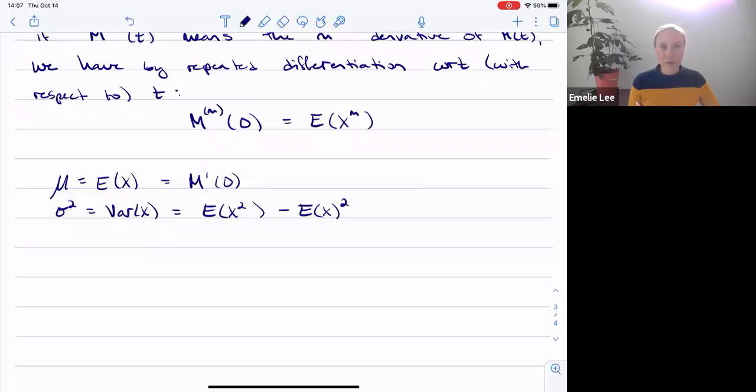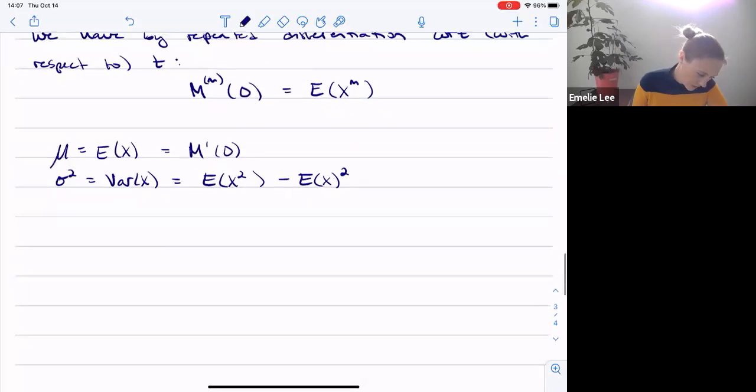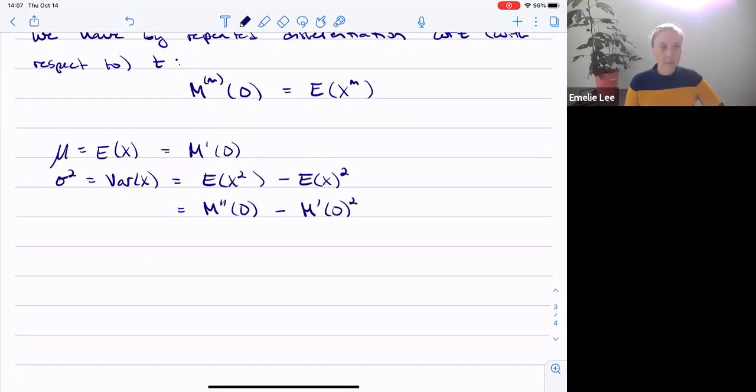Careful with those two squares: one's on the X and one's on the E of X. That is the second derivative of the moment generating function at 0 minus the first moment squared.